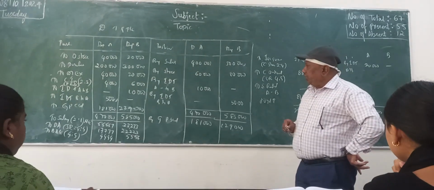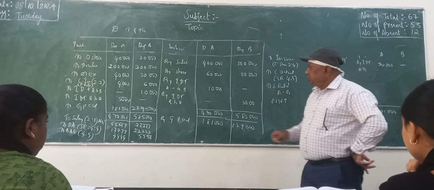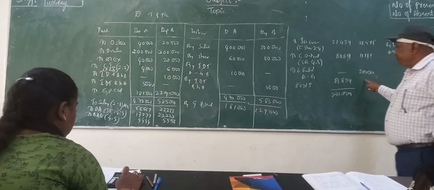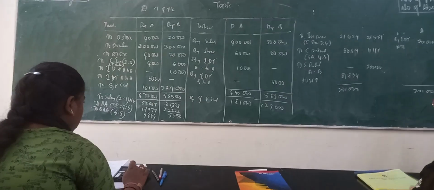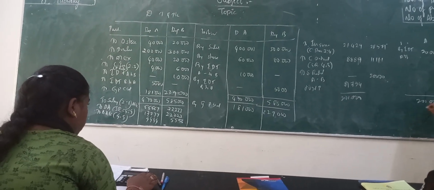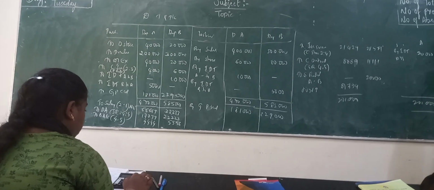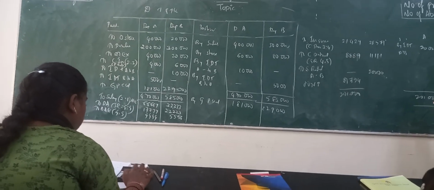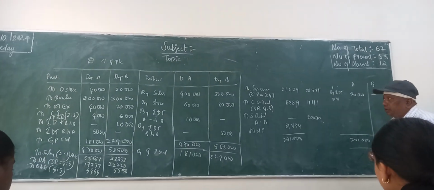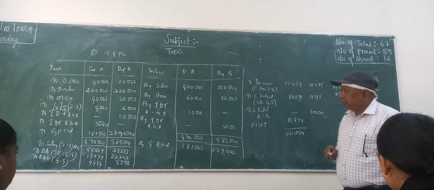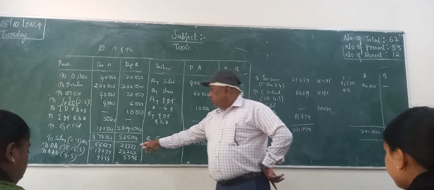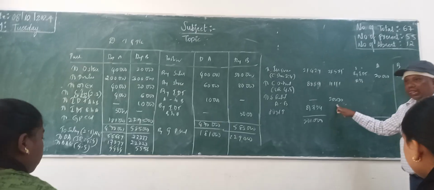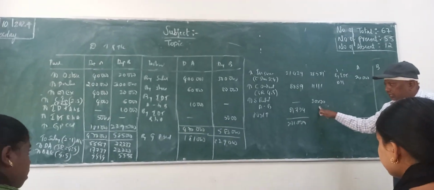Now departmental B total. This total, let us say total. This all. There also I am getting a profit. This one from this up to here, it is getting 1,20,000 on the debit side.